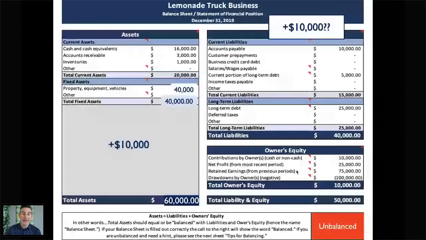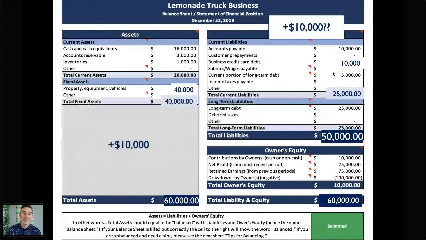Another possibility is that you bought that piece of equipment with a business credit card. You can see your credit card line is 0. So let's add $10,000 to your business credit card debt. That updates your current liabilities to 25, your total liabilities to 50, and now you're back at 60,000 and balanced.